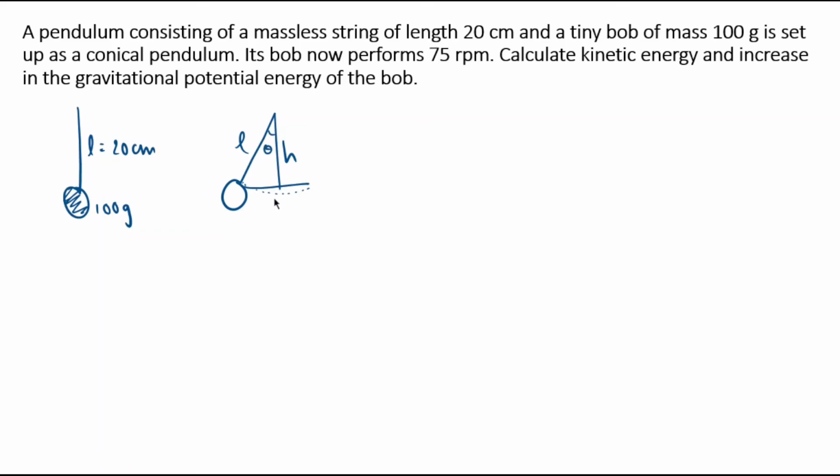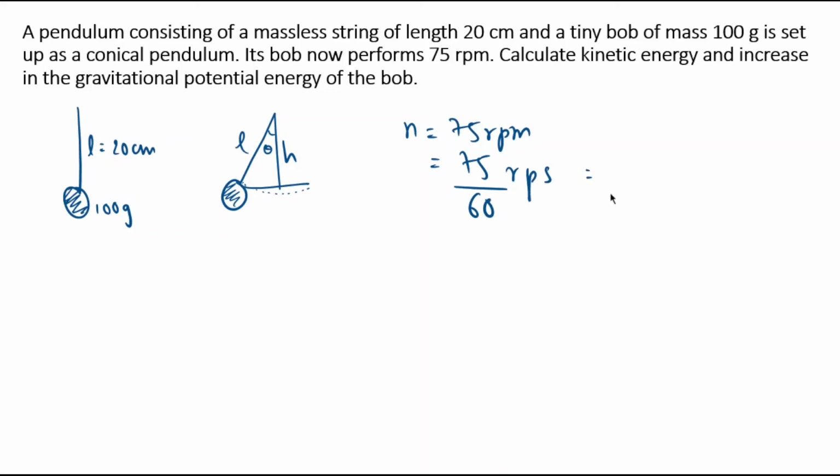Now its bob performs 75 revolution per minute. We need to calculate the kinetic energy and the increase in the gravitational potential energy of the bob. N is given to us as 75 revolution per minute. We can write this as 75 by 60 revolution per second.